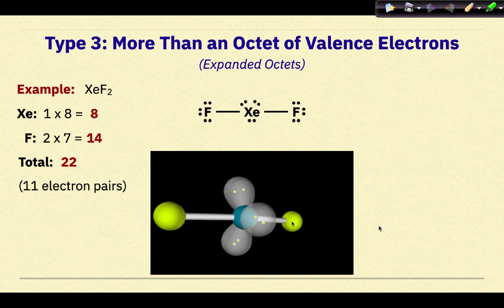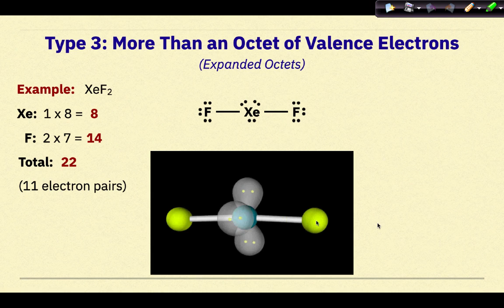So it's pretty interesting to look at, and we'll talk more about what this arrangement is and what we call this when we get to molecular geometry. But at this point, I just want you to know that it can exist. Yes, you can put 3 non-bonding electron pairs around Xe.